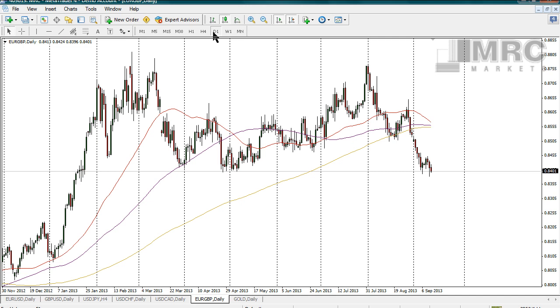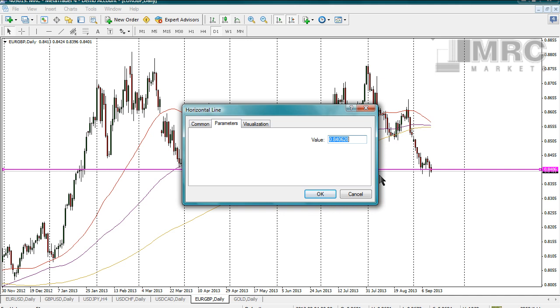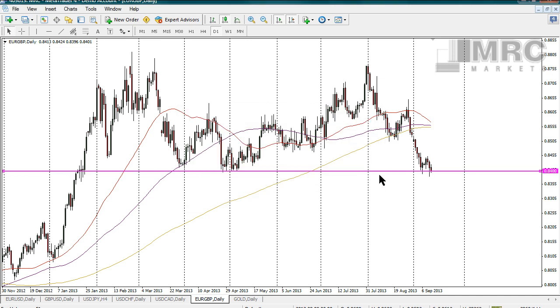And in terms of the daily, nothing massively of interest, and it's all about this sort of support around here. So we haven't had a daily close below this, pretty much the 84 level. The 0.84 handle is the key line in the sand really. Definitely on this daily chart, it's held for a long time.